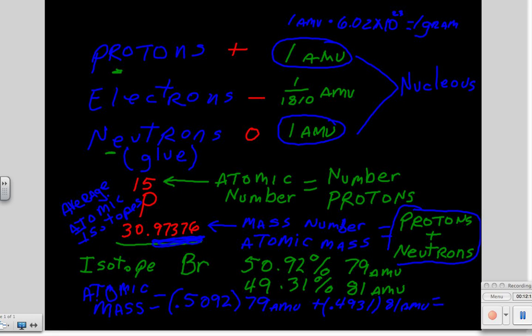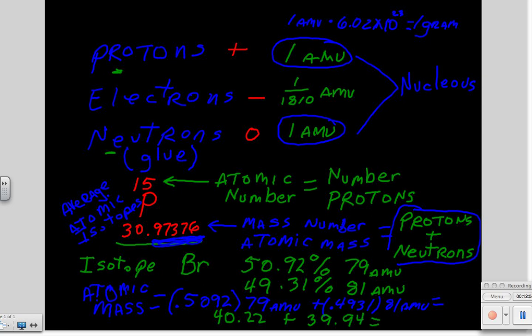So I'm going to take the calculator. 0.5092 times 79 is going to be 40.22. Then I'm going to add to that 0.4931 times 81, which gives 39.94.